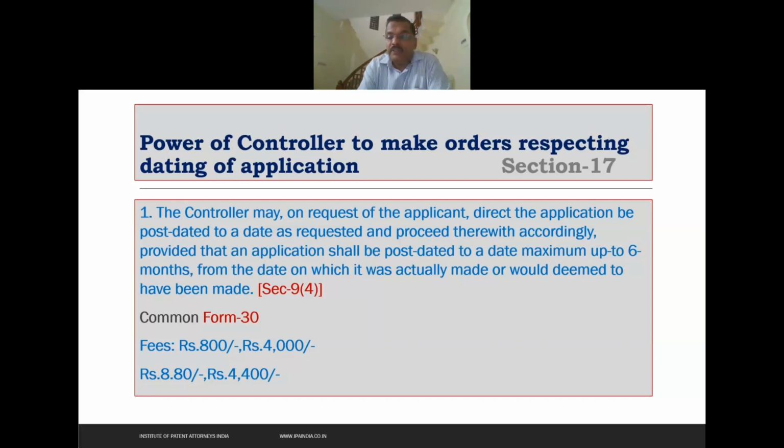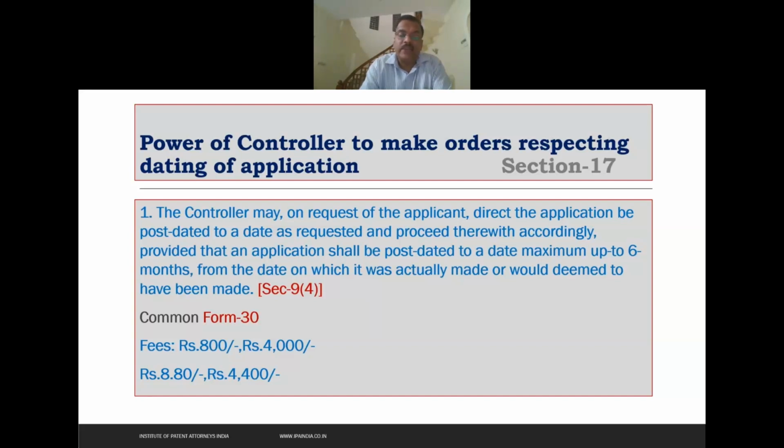Suppose your priority date is January 1st and your expiry date to submit the complete specification is December 31st. Suppose your complete specification is not ready. The consequence is, according to subsection 1 of section 9, your application may be abandoned.